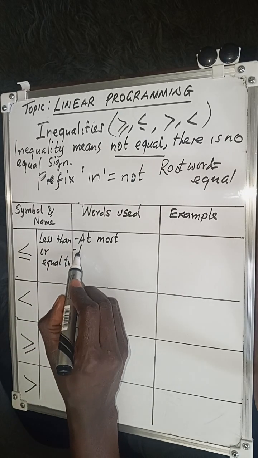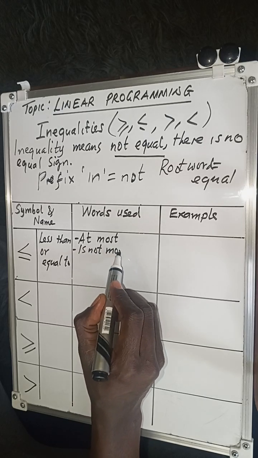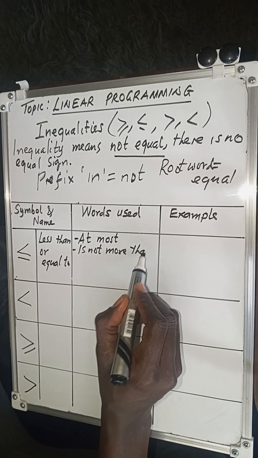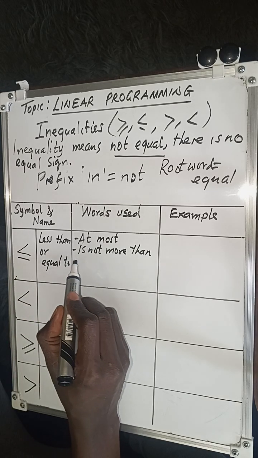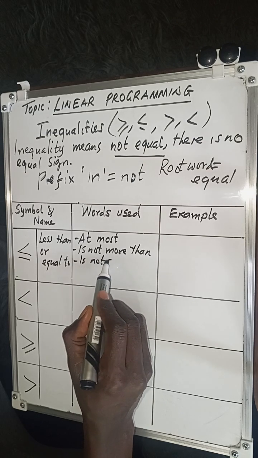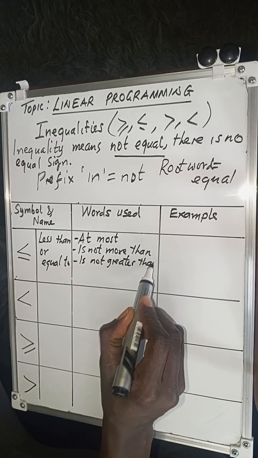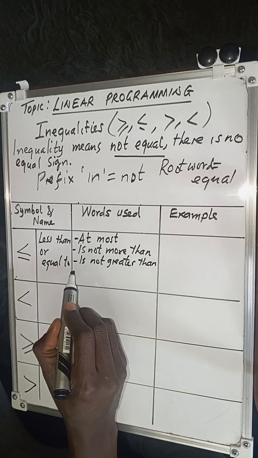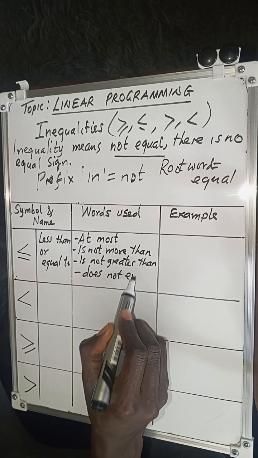Sometimes we are going to use "is not more than". So they may use words like it's not more than, or they can use words like "is not greater than". Those are words that we can use, or we can use words like "does not exceed".